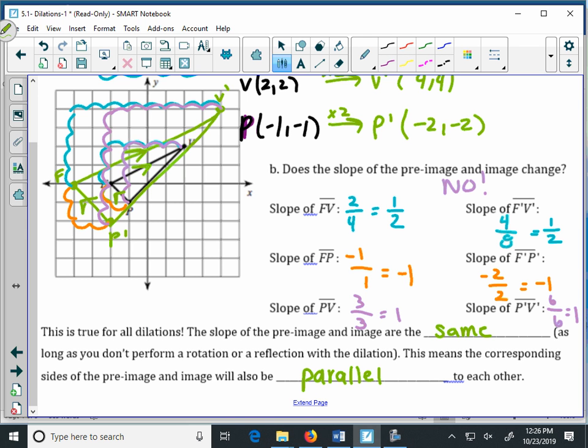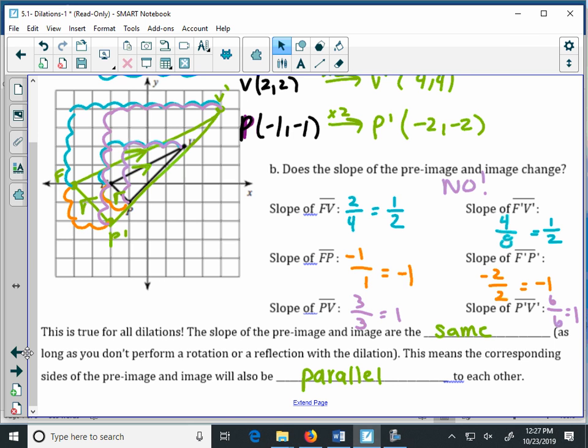So because of that, it doesn't move. That's a long story, not something we usually need to get into, but just know when you do a dilation, corresponding sides will be parallel to each other as long as you don't do a reflection or a rotation. Questions on that?